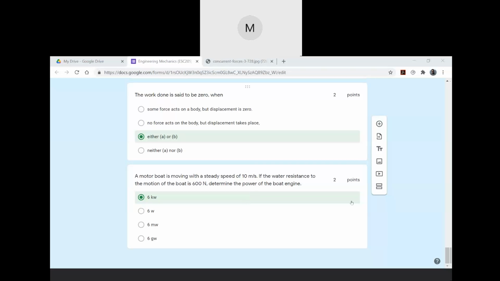If some force acts on the body, and there is displacement. Now if either of these two is zero, then we can assume that the work done is zero. Is it clear, everyone? It's clear. Okay.